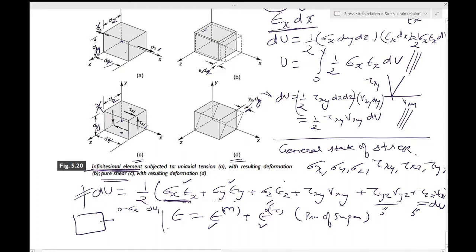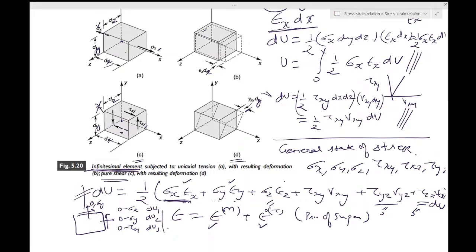Then after this, in this deformed state, you apply from 0 to sigma y, then call that du2, and then apply, say, the tau xy, 0 to tau xy, call it du3, and keep it deformed, and then apply the fourth stress, which may be tau yz or sigma z, whichever way you see this.